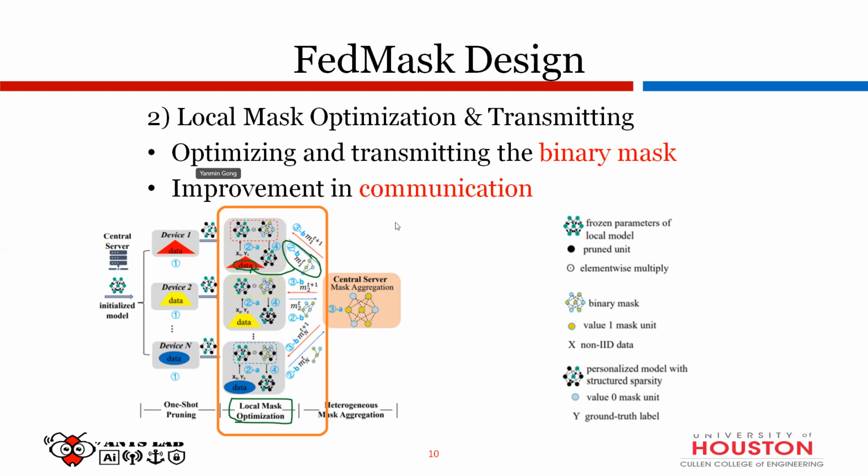So by exchanging this mask, they are more like exchanging some data information. I think that's why it works or not. It's based on how they define this local mask optimization. This optimization problem is very important.